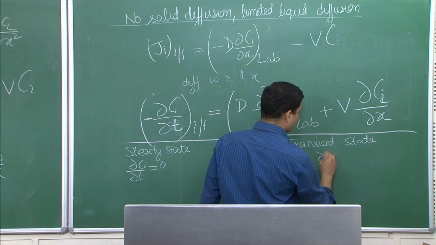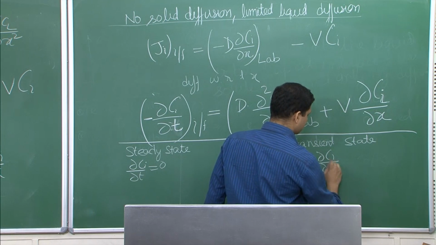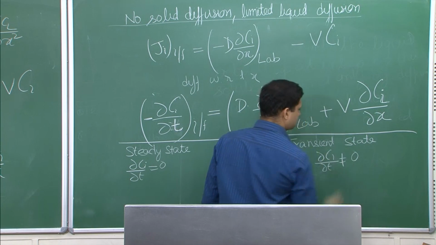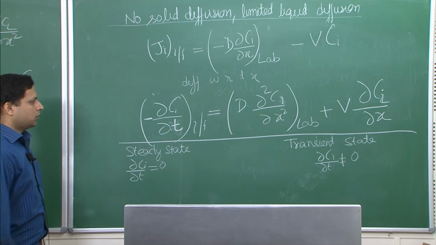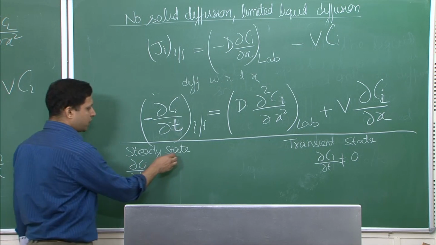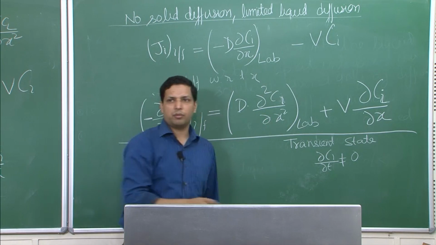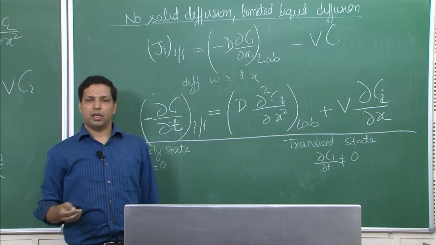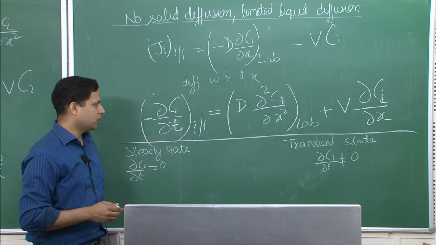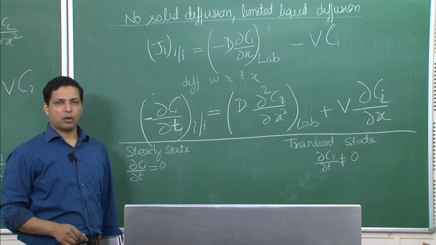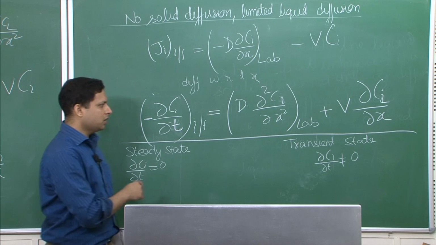When this is not equal to 0. Now you would see that when this is equal to 0, we have only two terms and it becomes a very tractable problem. It has a very simple solution. So, we will try to solve the problem for this particular condition.